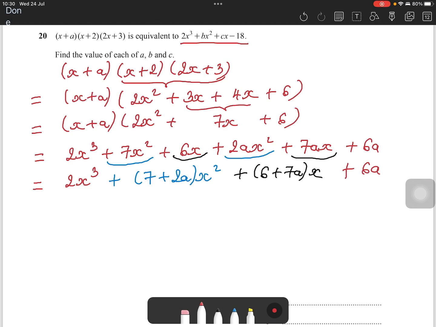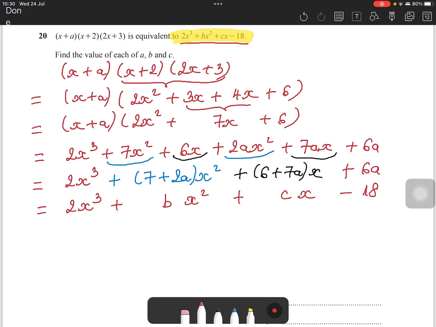And according to the question, this one is equivalent to the yellow expression. So I'll write the yellow expression again: 2x cubed plus bx squared plus cx minus 18.